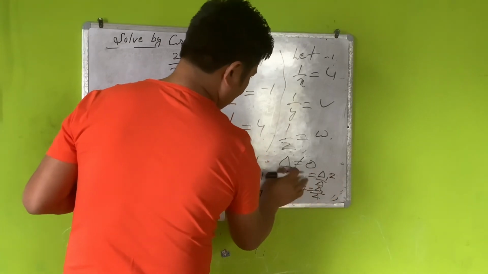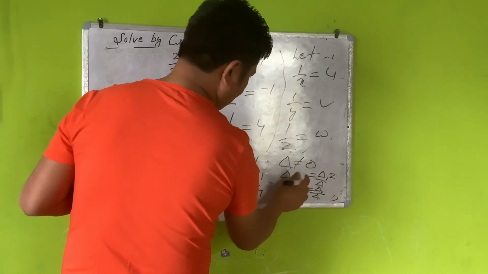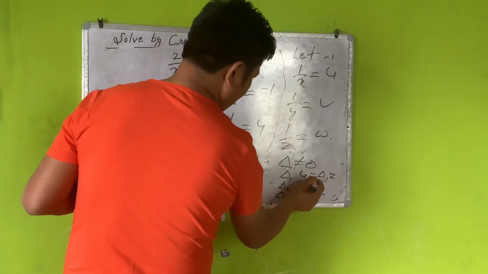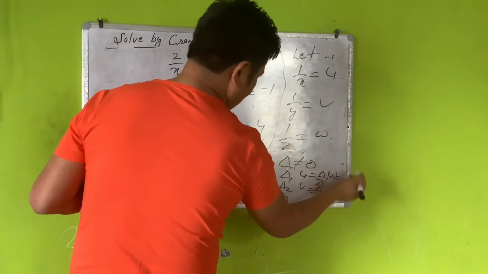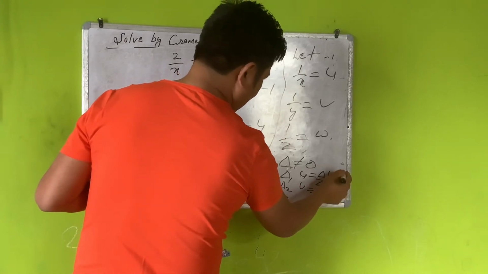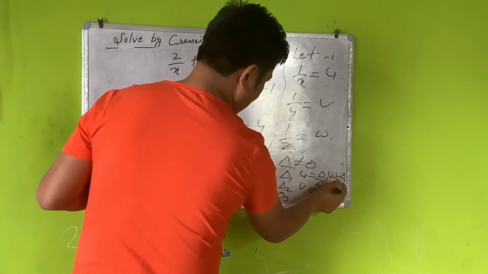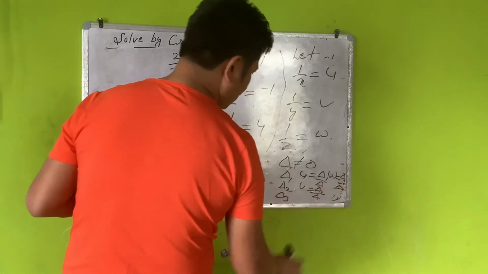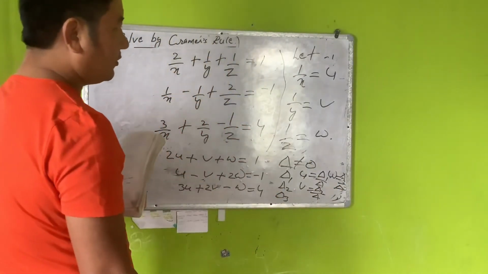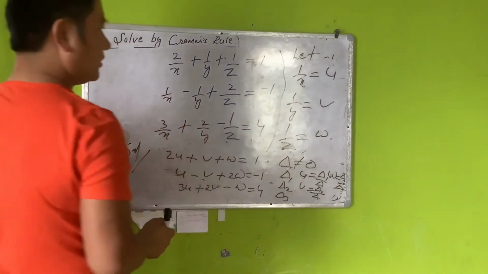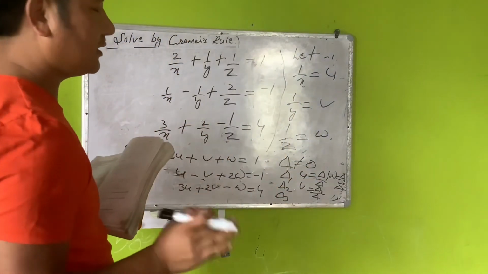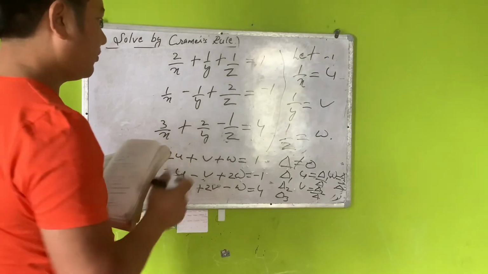You have to find first u, v, w. In this way you can find u, v, w, and whatever values come, you just put here and you can find the values of x, y, z. So please try at home.